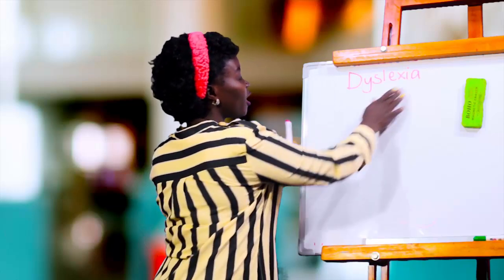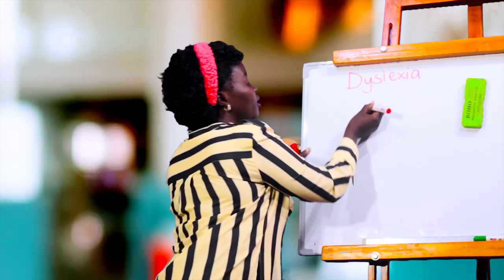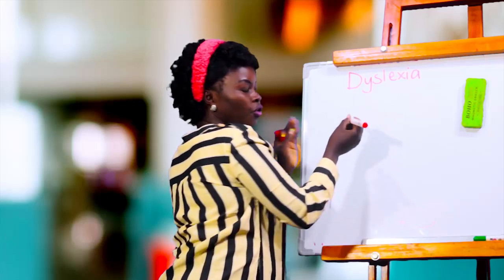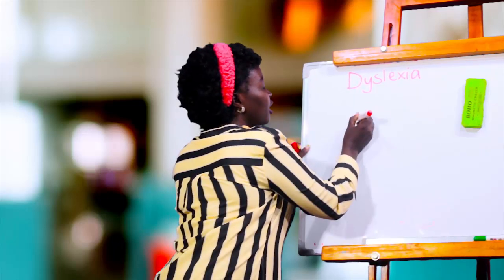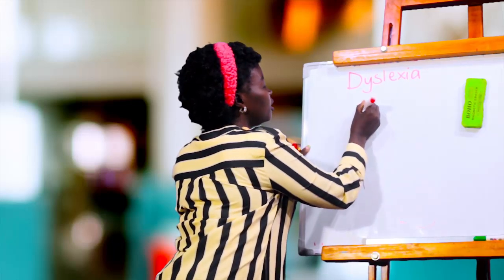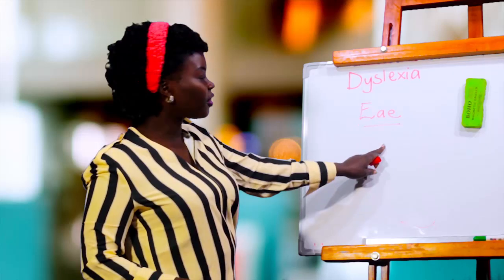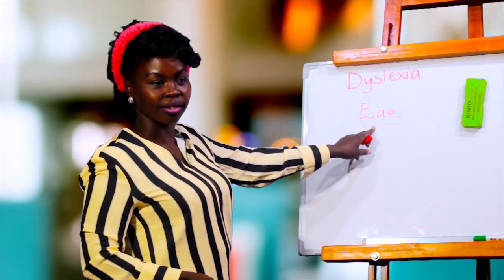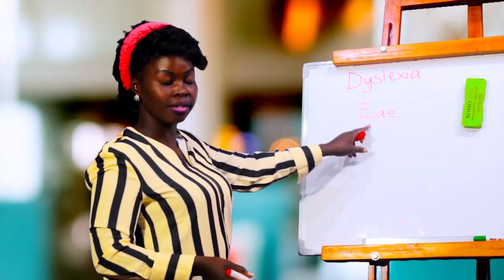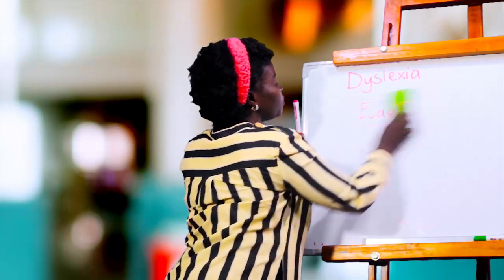You write his or her name on the board, on the writing material. Like my name is Miss E. There are difficulties in recognizing that name. If a child is dyslexic and you ask what is this, they don't even know their own name.